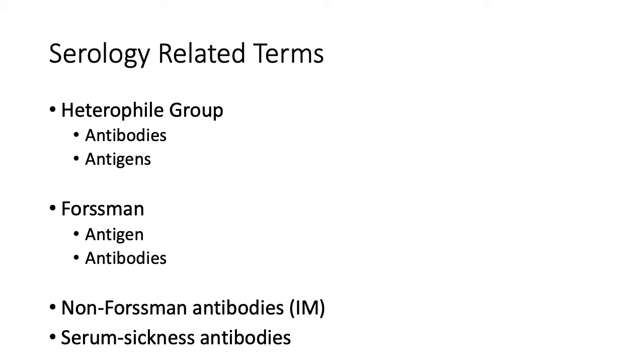One of the non-Forsman heterophile antibodies that we've discussed in the previous lesson is the reagin antibody produced in response to a syphilis infection. We'll discuss serum sickness in just a bit.